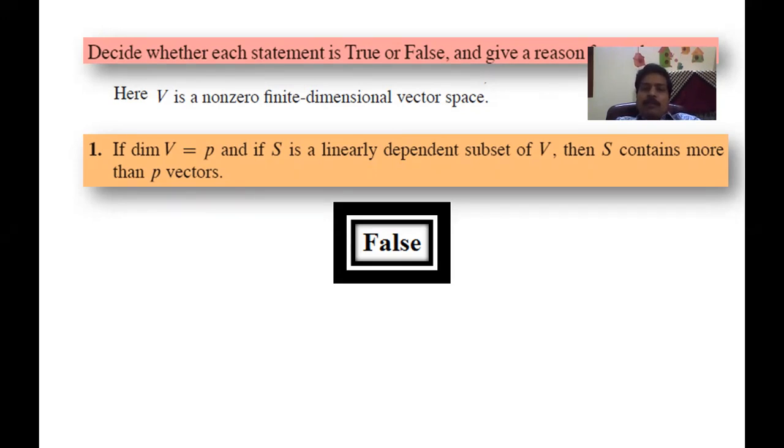We can form sets with more vectors than the dimension and with fewer vectors than the number of vectors in the basis or the dimension. So the given statement is false. Since we can take the zero vector, or any combination of the zero vector and some non-zero vector, these two form a linearly dependent set. Whenever there is a zero vector in a set, it is linearly dependent.